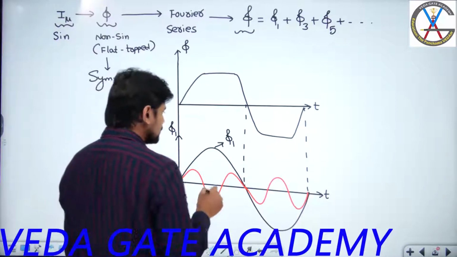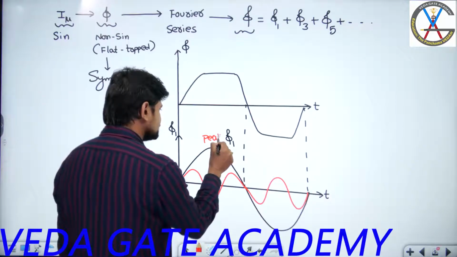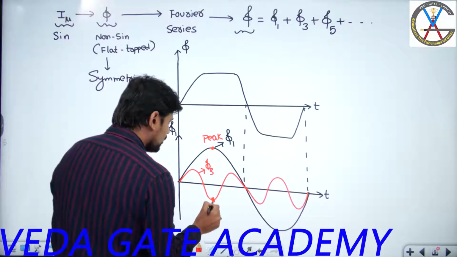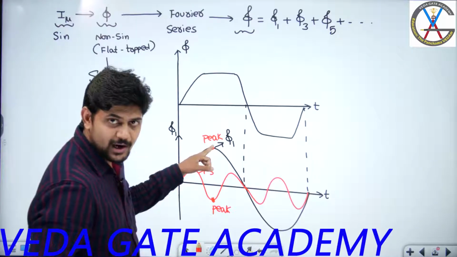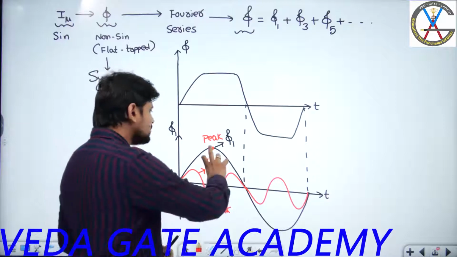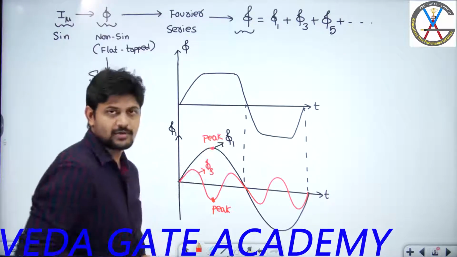This is the peak value of the fundamental component of flux, whereas this is my third harmonic flux and this is its peak value. For the fundamental a positive peak is there, and for the third harmonic a negative peak is there. So what will happen to the resultant? These two will get cancelled and you are going to get a flat top.